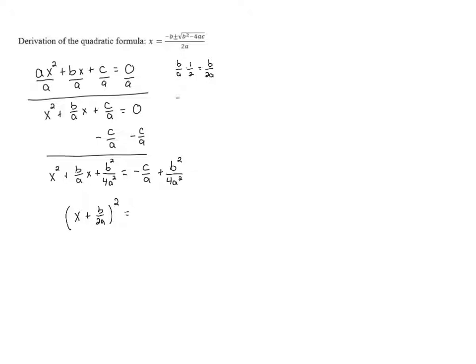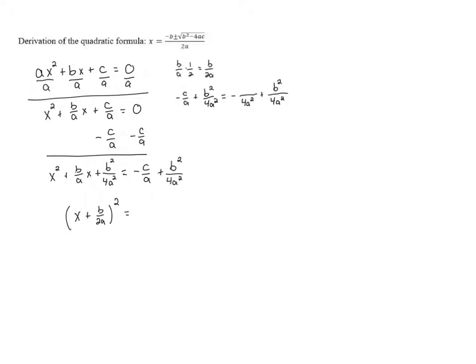So we've got negative c over a plus b squared over 4a squared. The common denominator here is going to be 4a squared. Now, the second fraction already had the common denominator. So because the denominator didn't change, the numerator is also not going to change. We're going to have that b squared there.